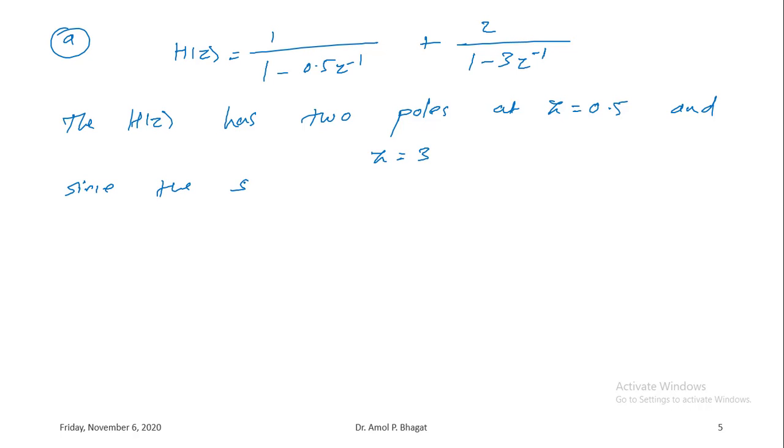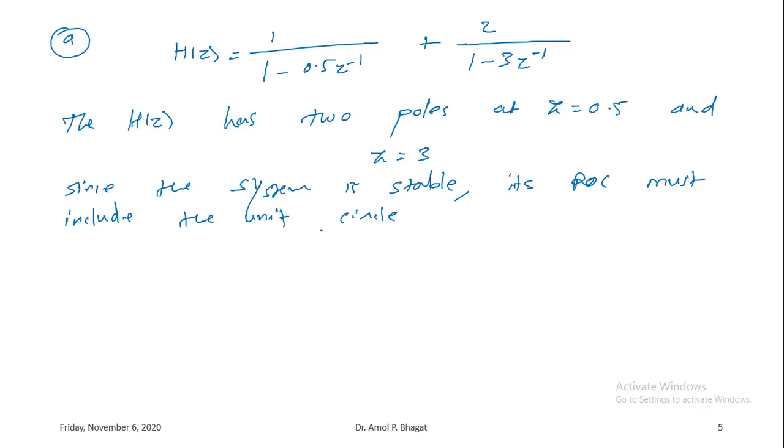As per the first condition, since the system is stable, its ROC must include the unit circle, right?